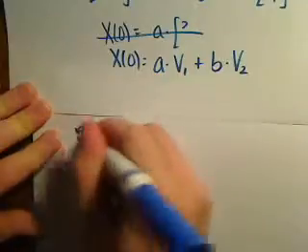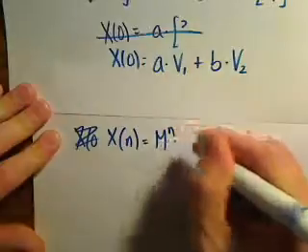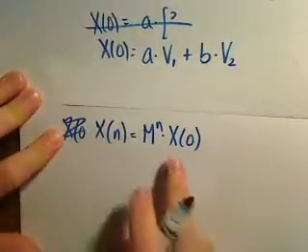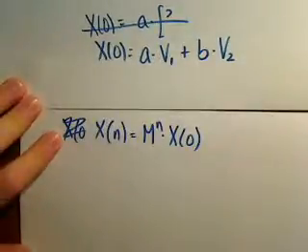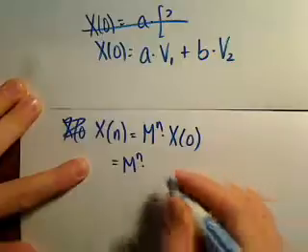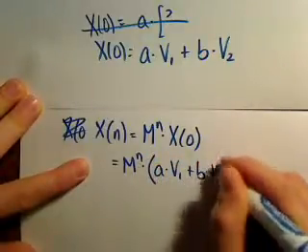xn is M to the n times x0, as we discussed. But we can decompose x0 into these two different eigenvectors. So that's M to the n times (A times V1 plus B times V2).